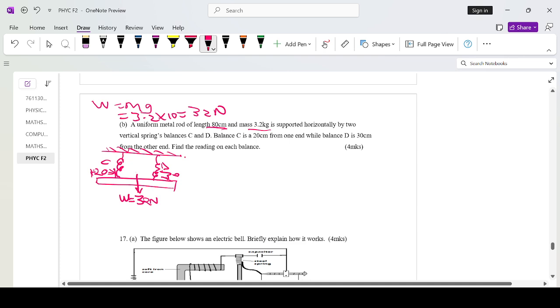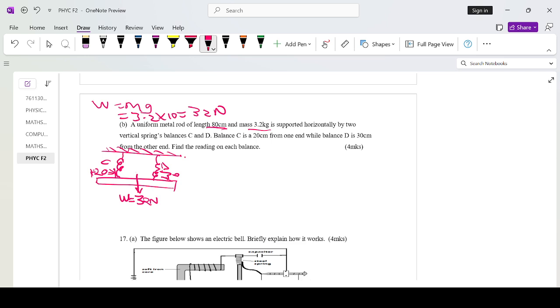Find the reading on each spring balance. Let's see how we can get it. Let's make C the pivot.